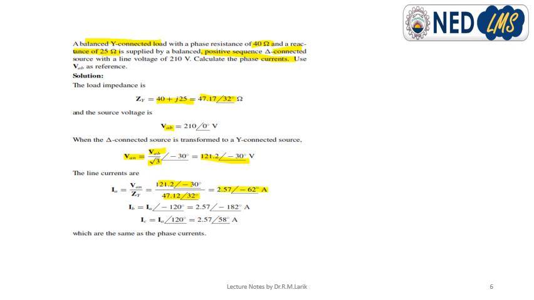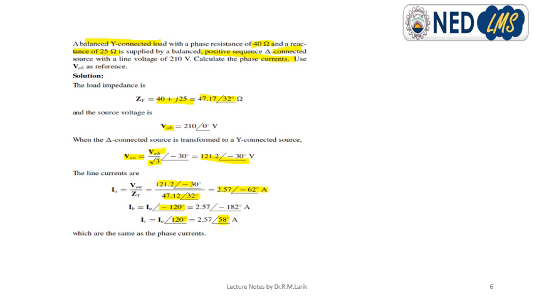Now use the same property: the second line current is minus 120 degrees apart from the first, that is minus 62 minus 120, which gives minus 182. The third line current is 120 degrees apart from the first. Sorry, students, I missed that point.